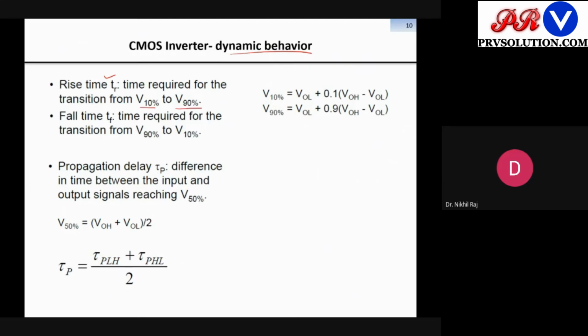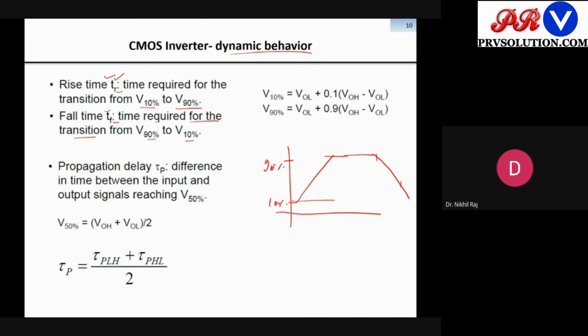When we do charging and it rises from 10% to 90%, the time consumed is nothing but your rise time, denoted by t suffix r. Similarly, fall time. What is fall time? Fall time is the time required for the transition from 90 to 10%. That is denoted by t suffix f.